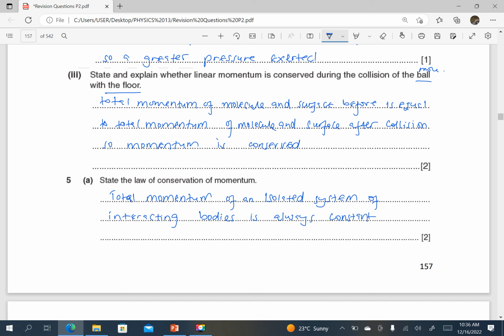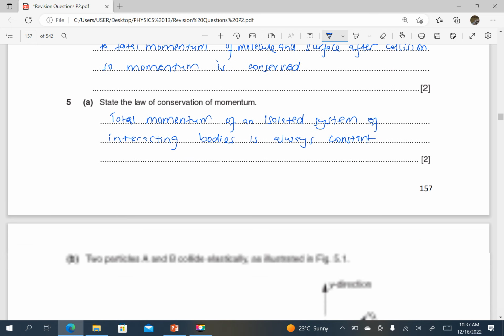The total momentum of an isolated system of interacting bodies is always constant. So that is the principle of conservation of momentum.